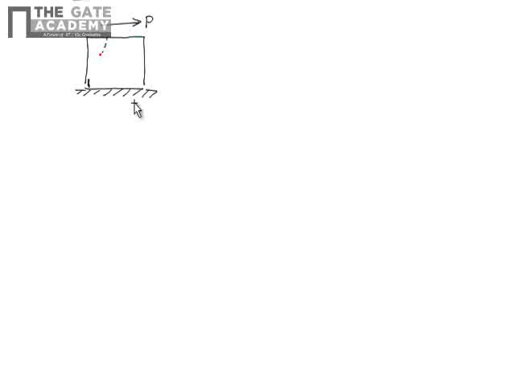The body has a tendency to slide, causing an angle of phi. The body will slide, the top surface will be moving ahead and the bottom will be fixed to the ground. This kind of motion is called shearing.